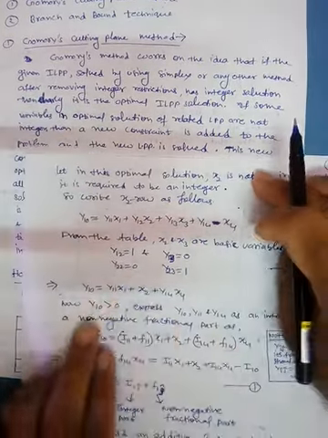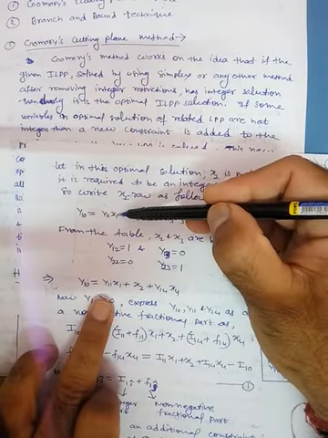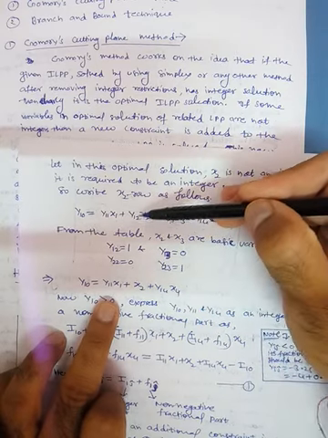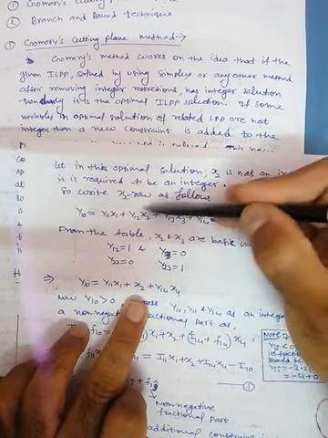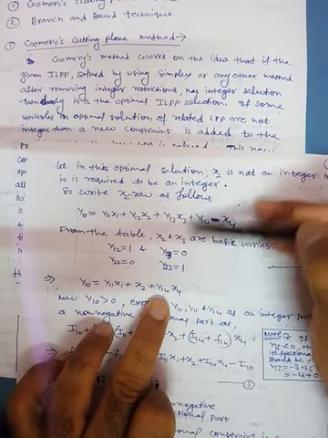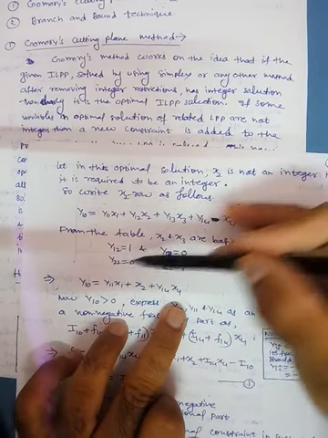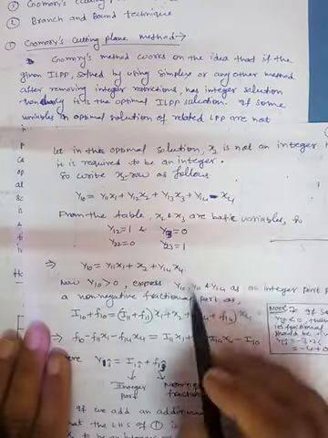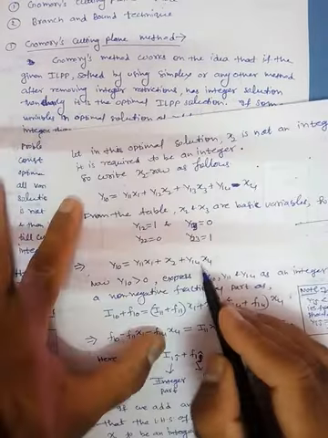Now put these values here. So what will we get? y10 = y11x1 + x2 (since y12 is 1) + 0 (since y13 is 0) + y14x4. So we get this.